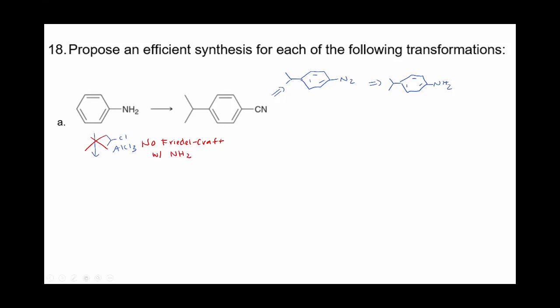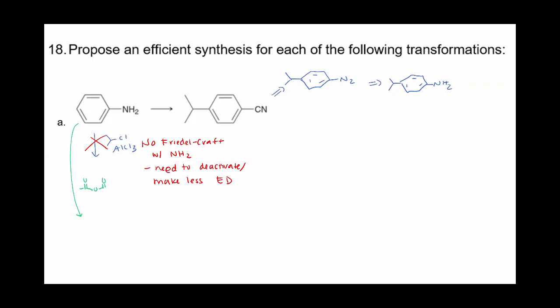So we need to deactivate it or make it less electron donating. All right, so we're making it less powerful. And one way to do that is to add an acetate group onto there.